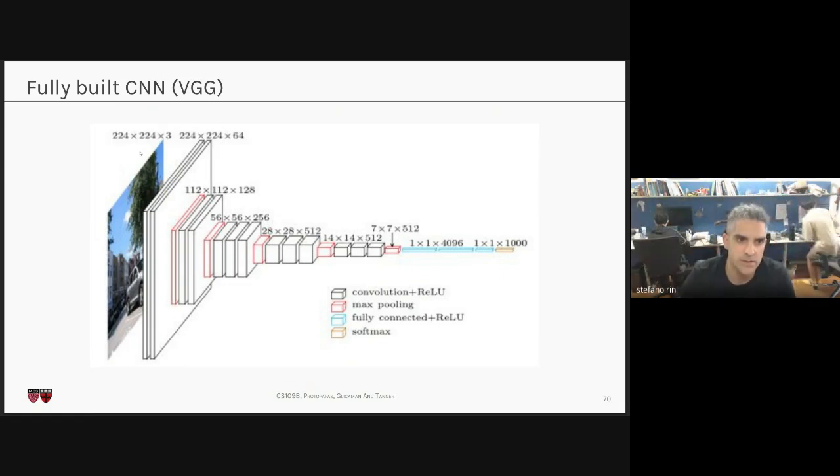So here you see that you take the original image, 224 by 224 by 3, and then you have 224 by 224 by 64, so 64 channels, and then you keep repeating conv, pool, conv, pool, conv, pool, conv, pool. That's where you get to 7 by 7 by 512. So spatially we pool the information down to 7 by 7, but we have 512 dimensions.